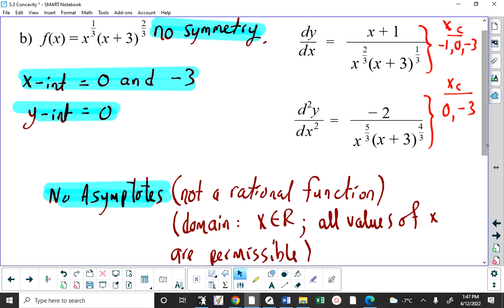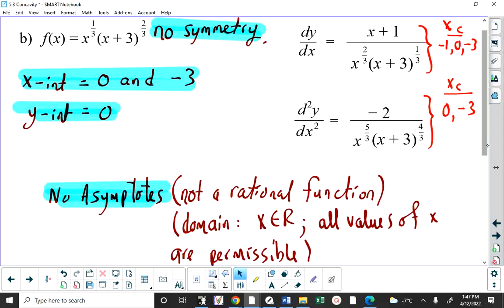Those are the conclusions that I came to. No symmetry. We have two x-intercepts, 0 and -3. Because we have a factor of x to the third, x equals 0 is an x-intercept, and the x plus 3 gives another x-intercept. Y-intercept is 0.